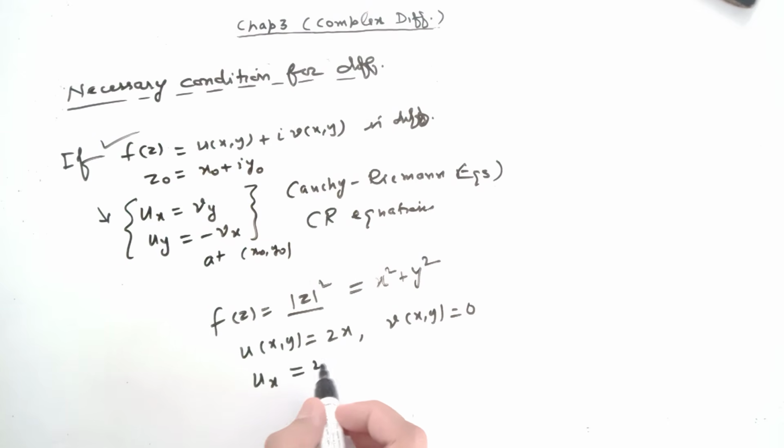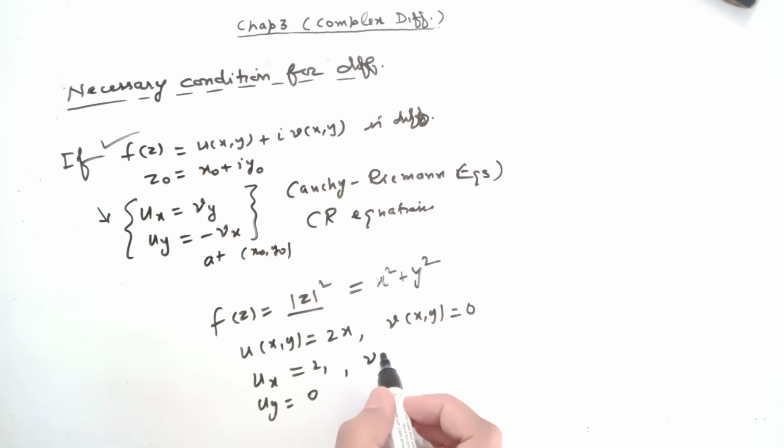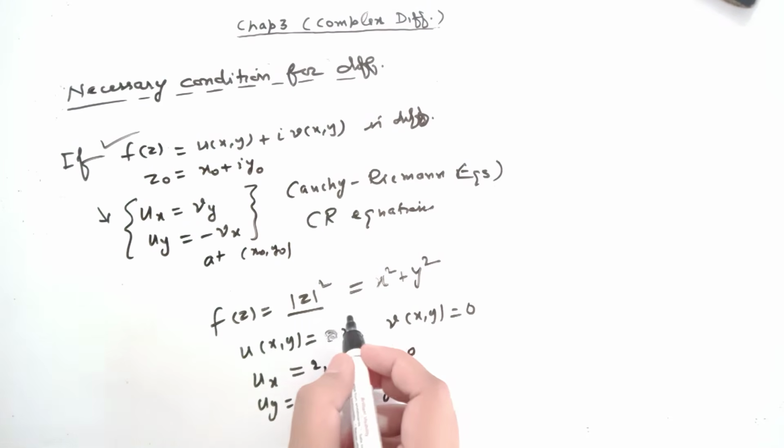Non-differentiability. ux is 2, uy is 0, vx is 0, vy is 0. ux equal to vy... Sorry, I should write it x square plus y square.